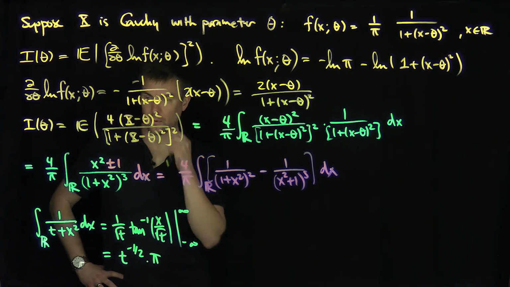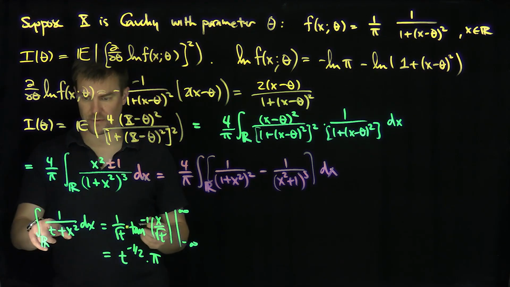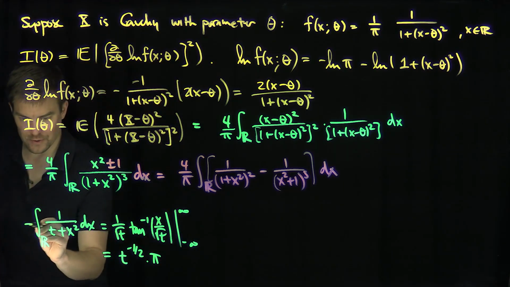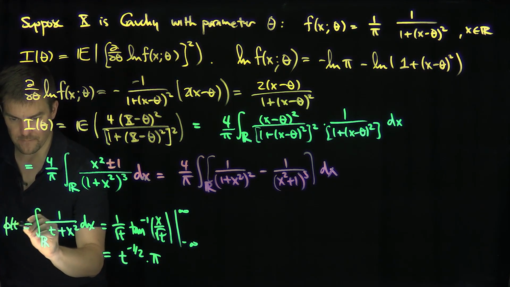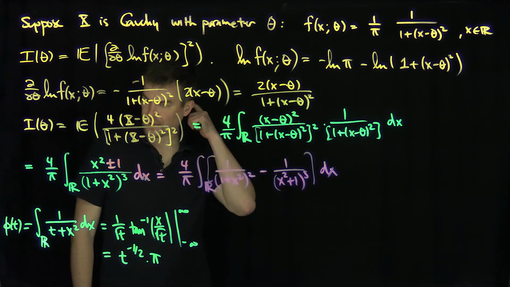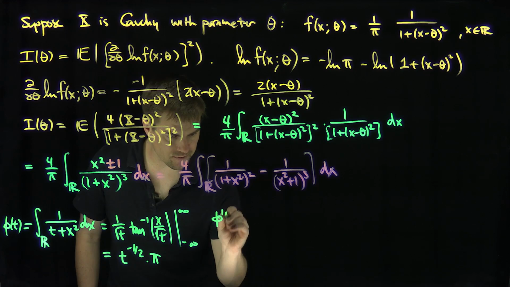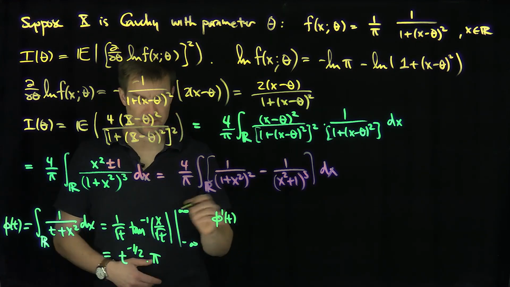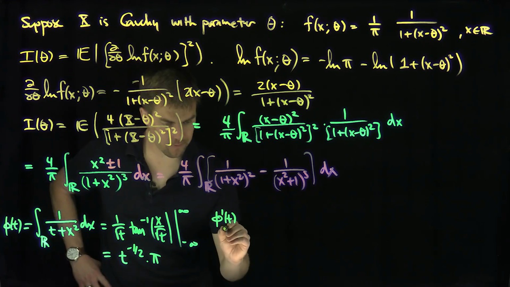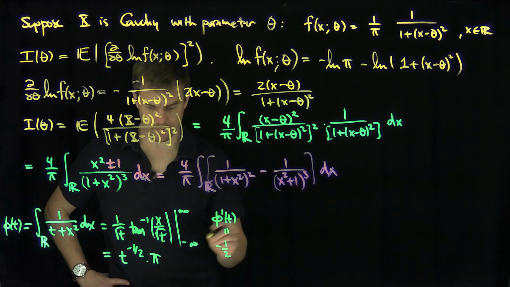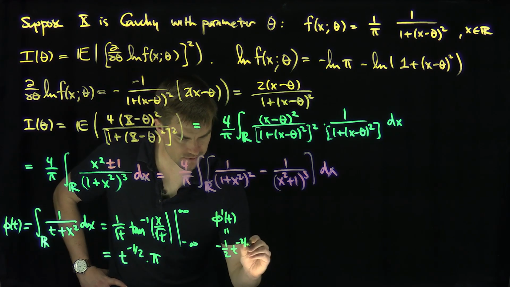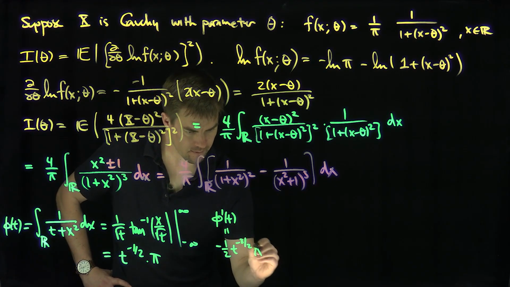Great. Now let's do some derivatives of this. If I call this expression phi of t, what can we say about phi prime of t? On one hand, it's going to be negative 1/2 t to the negative 3/2 times pi.